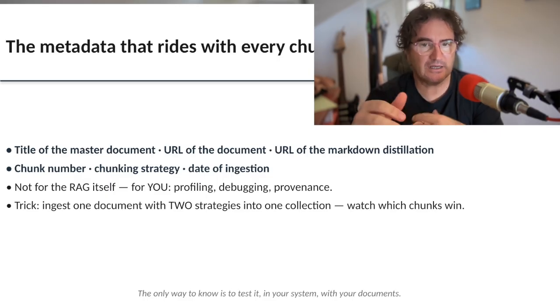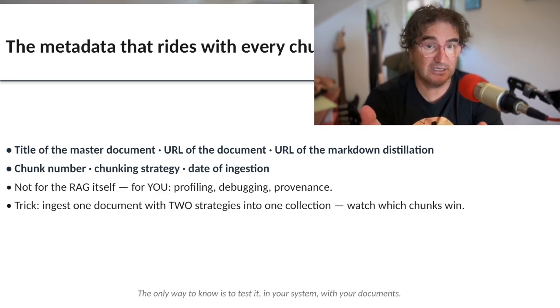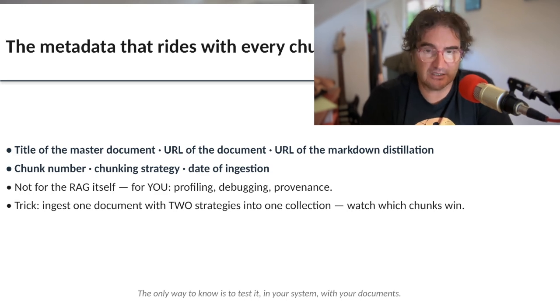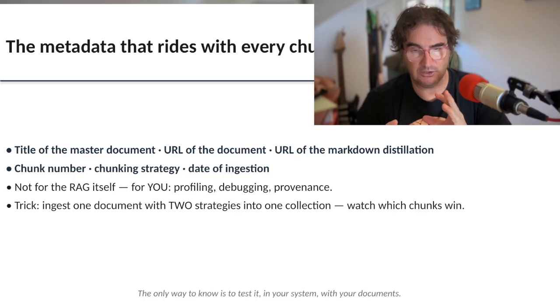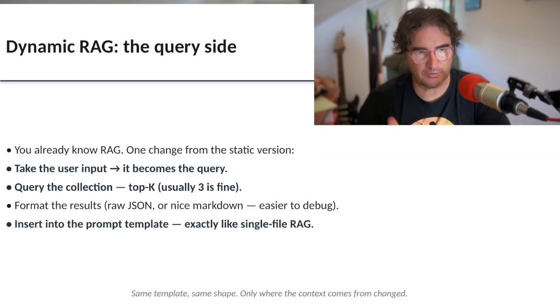For instance, you can use a collection and use two chunking strategies for the same document, and you can see what chunks are being retrieved or not, and what gives you better results. The only way is to test it in your system and with your documents, and then you will know what to do.